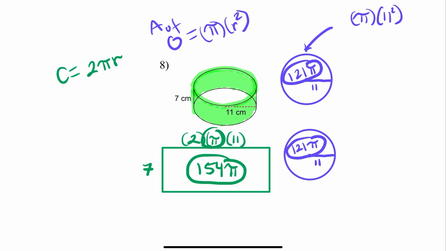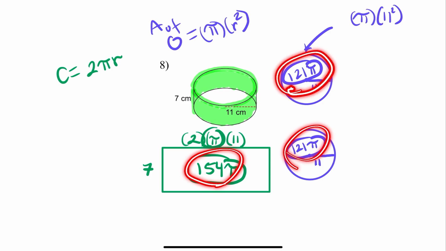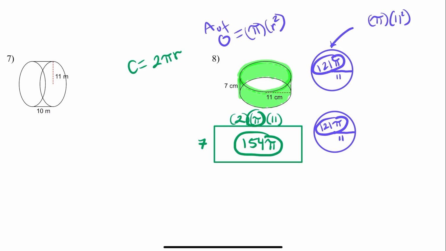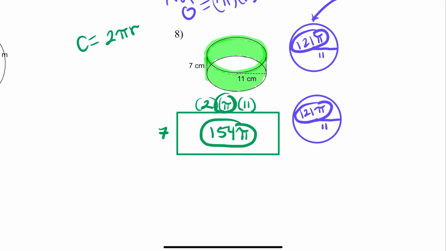So last thing I can do now is take these and add them up to find the surface area. I'll leave it in pi. So 121 plus 121 plus 154. All right, so 396 pi.